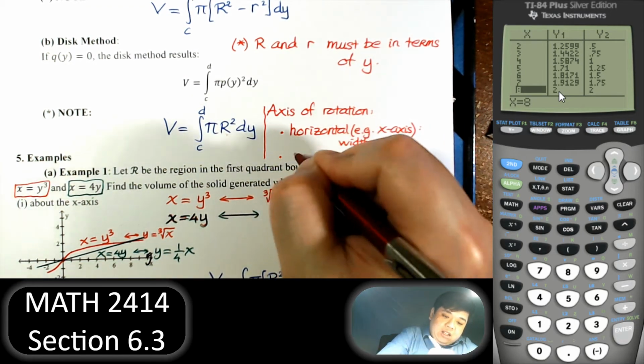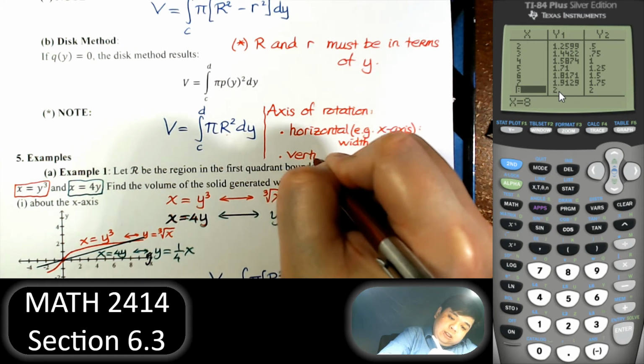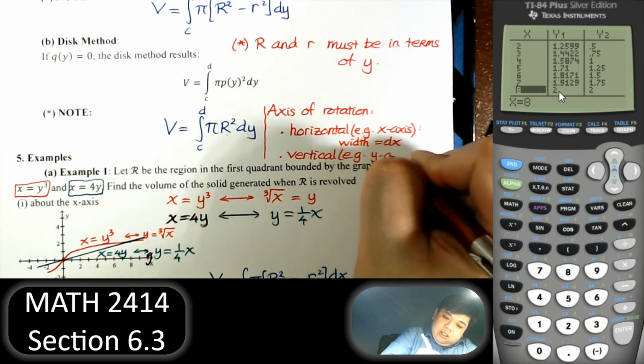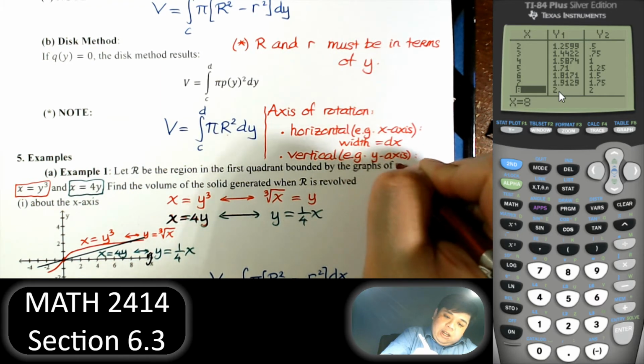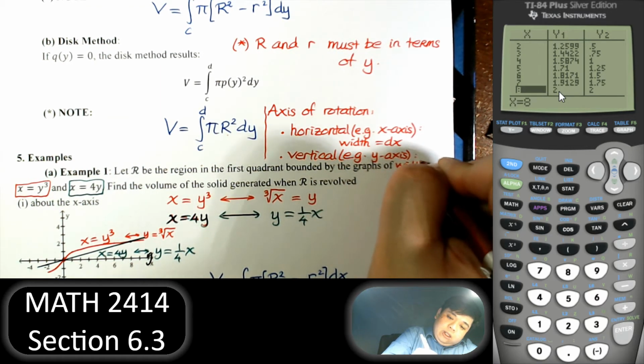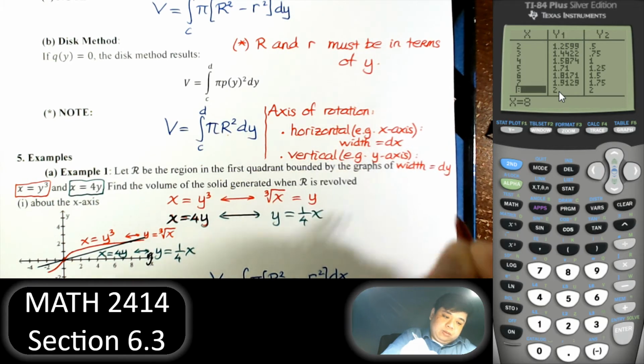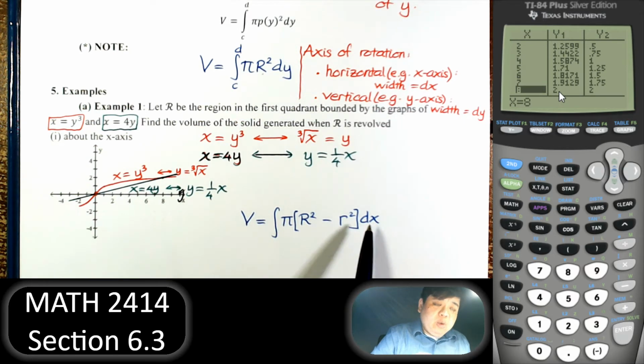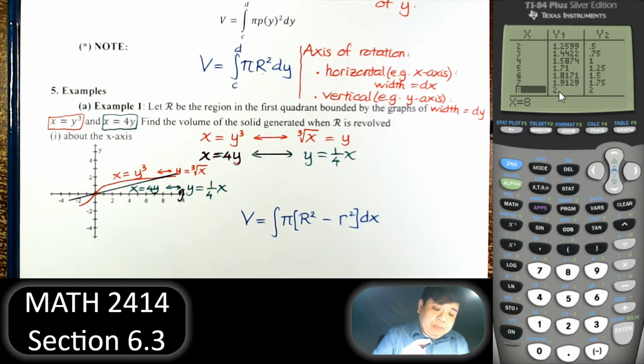If the axis of rotation is vertical, for example, the y-axis, then the width is equal to dy. So the x-axis is horizontal, so we're going to stack. It is horizontal, so the increment is dx along the axis of rotation. So we're going to have dx here.